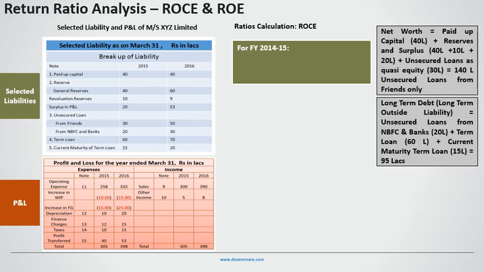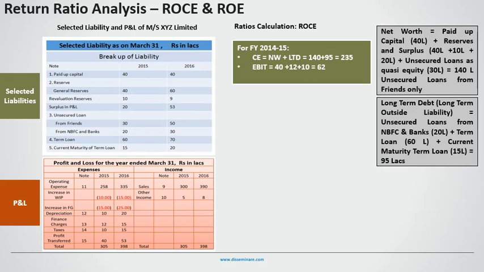Long-term debt, long-term outside liability, equals unsecured loans from NBFC and banks, 20 lakhs, plus term loan, 60 lakhs, plus current maturity of term loan, 15 lakhs, equals rupees 95 lakhs. The total capital employed is rupees 235 lakhs.